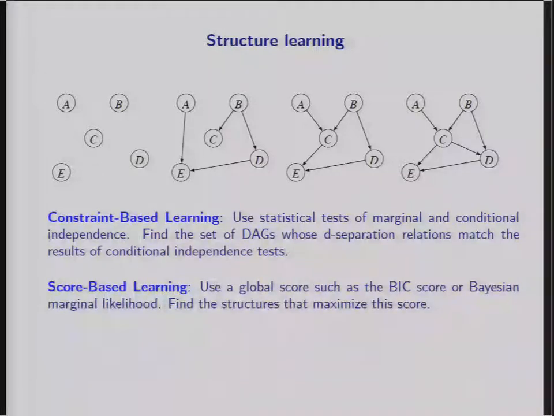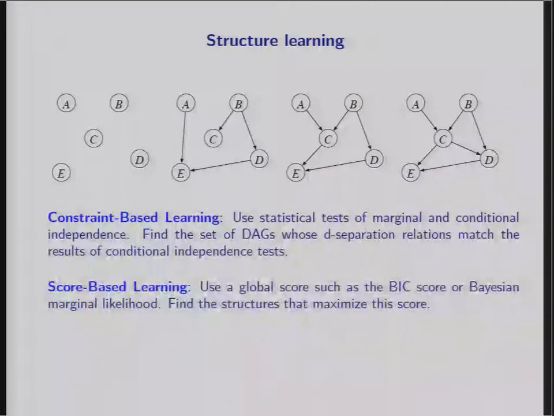So we can do a bunch of statistical tests and get a bunch of independence statements, and then we find graphs that are consistent with those independence statements. Okay? That's constraint-based learning.